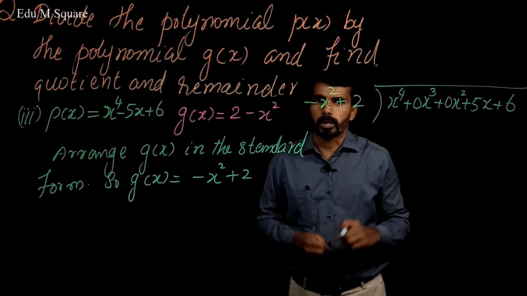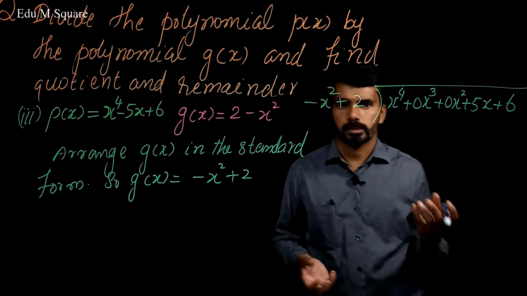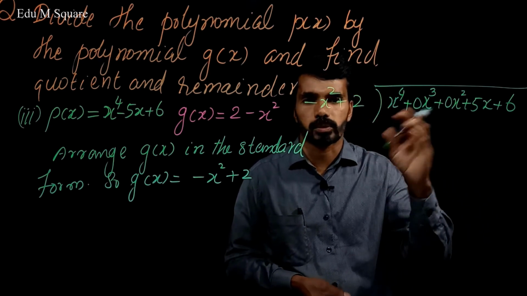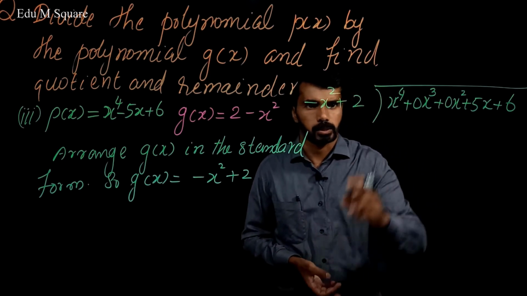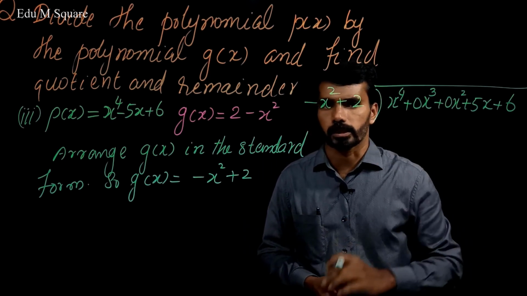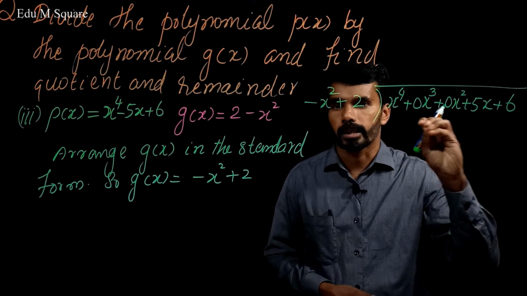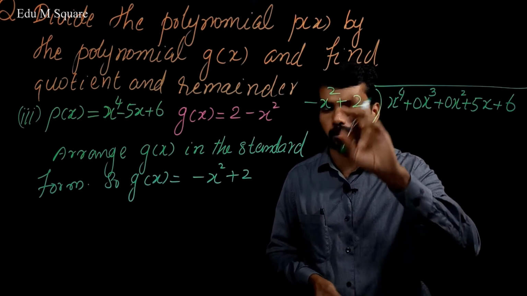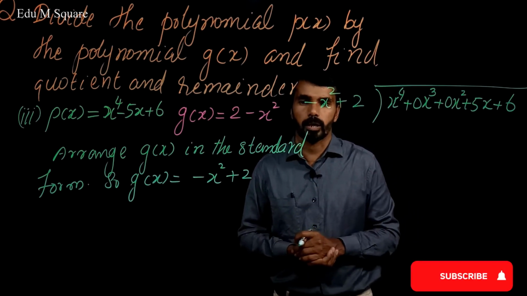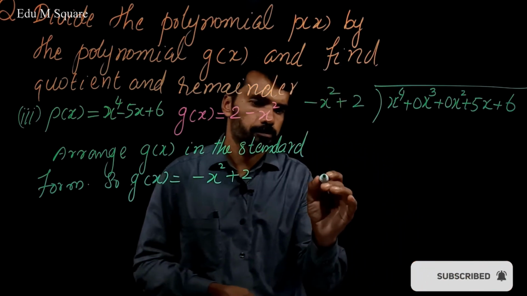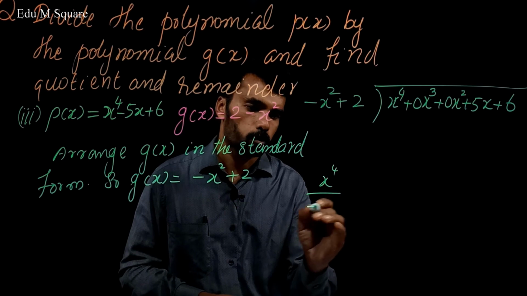So what is the first step? Yes, we divide the first term of the dividend by the first term of the divisor. So x raised to 4 is the first term in the dividend. What is the first term in the divisor now? Minus x square. So x raised to 4 divided by minus x square.